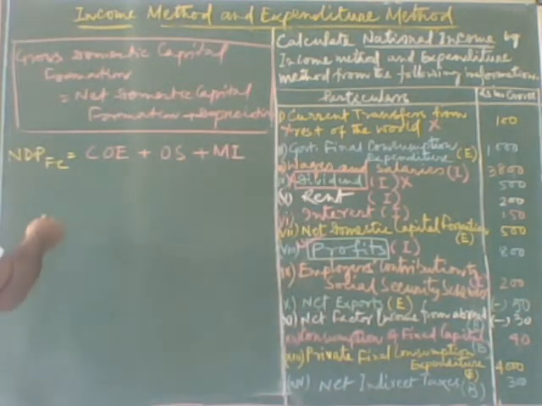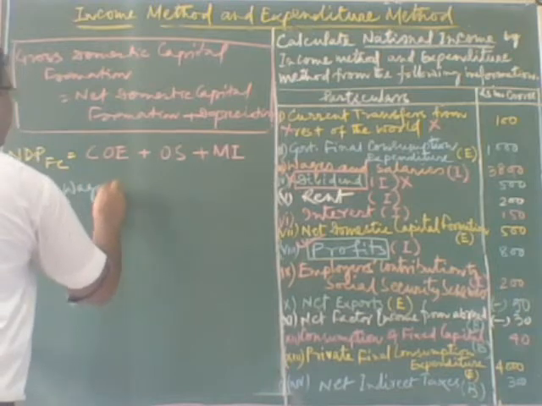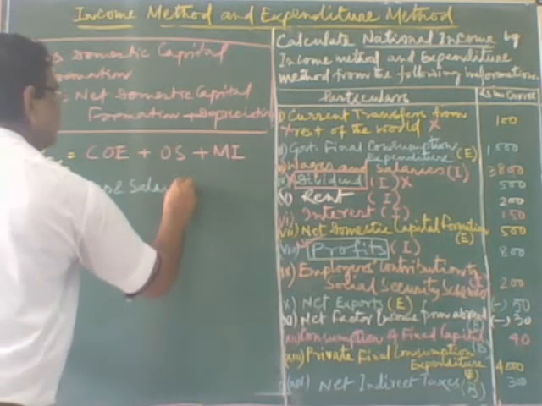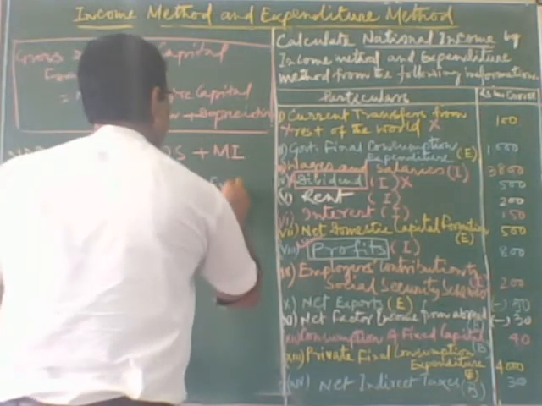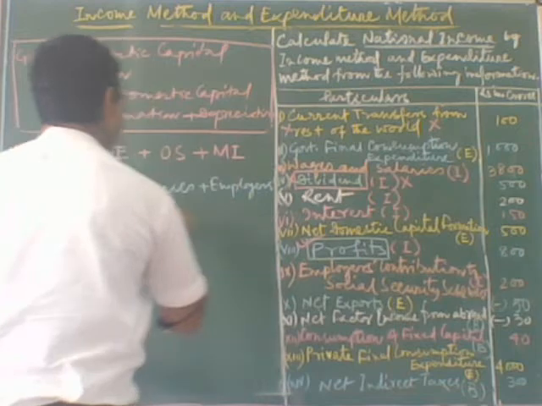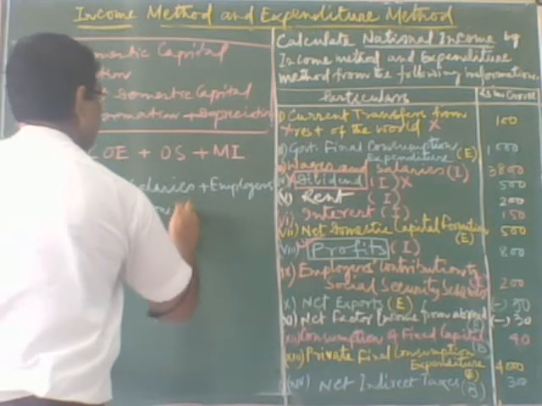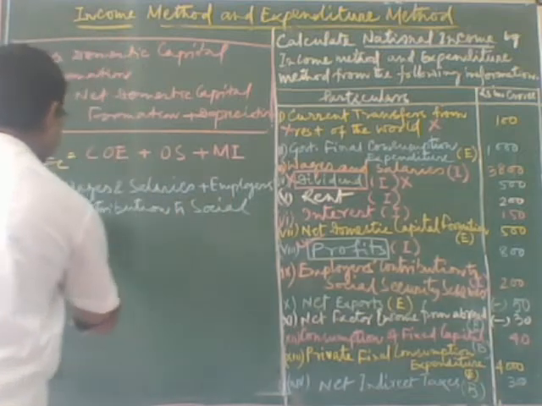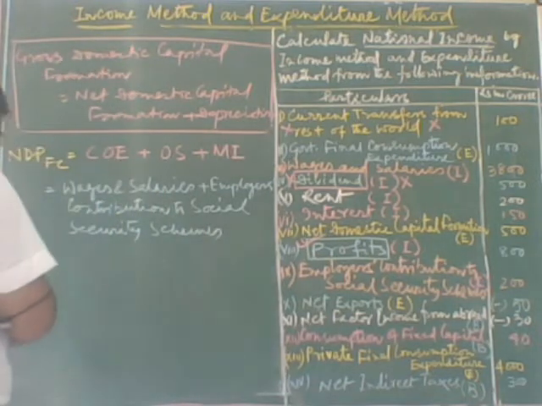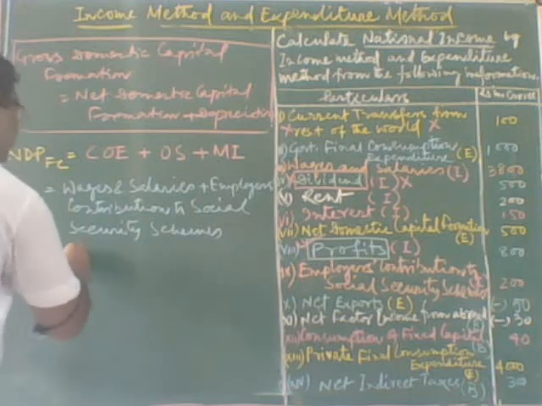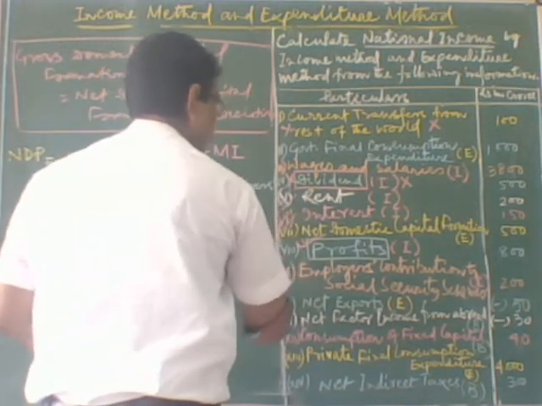So you have to write wages and salaries plus employers' contribution to social security schemes plus operating surplus, that is rent, interest and profit.